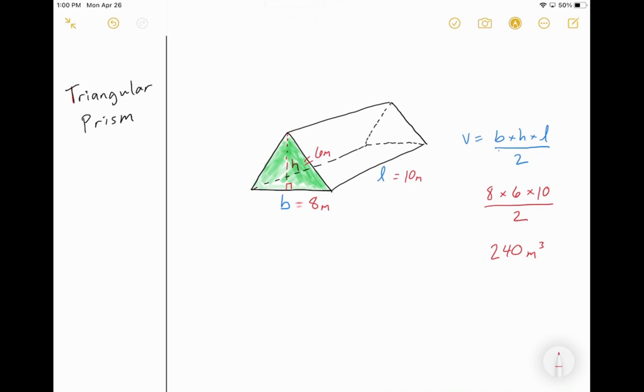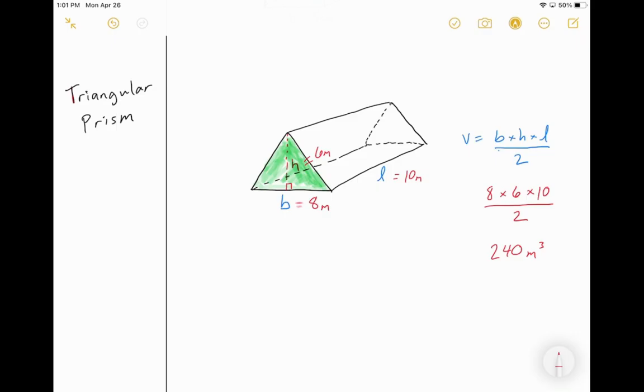Okay, you'd be able to fit 240 cubic meters, meter by meter, into that shape. That makes sense? Right? It's the same formula, you just divide by 2. Same thing, you just divide by 2.